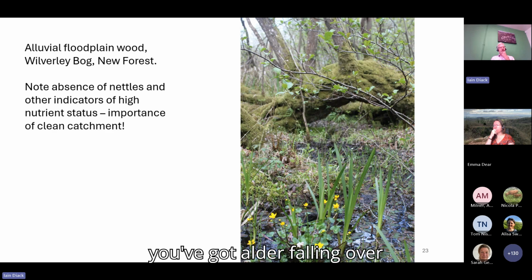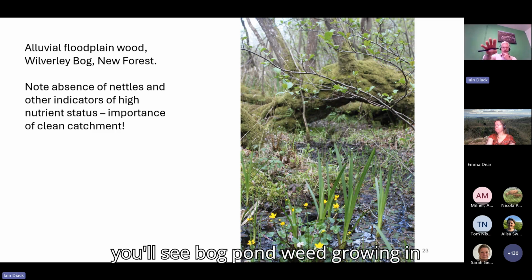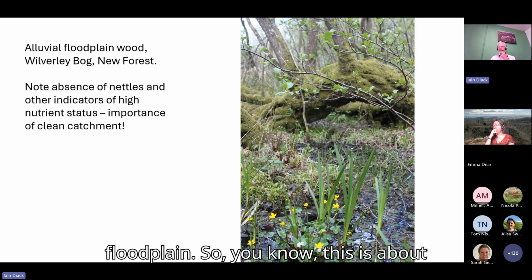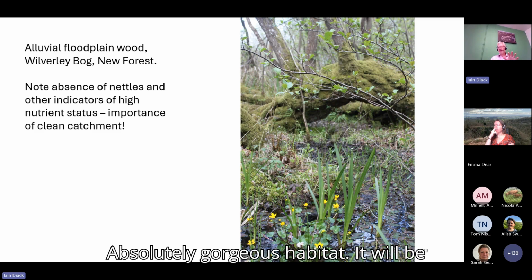You can see in there you've got alder falling over, marsh marigold, a bit of marsh valerian. You'll see bog pondweed growing in depressions within that floodplain. So this is about as natural as you can get in England. Absolutely gorgeous habitat.